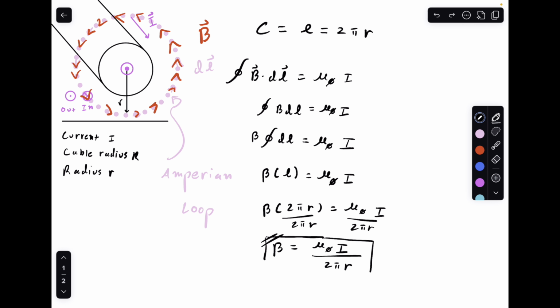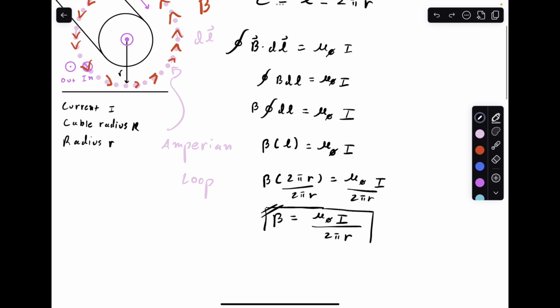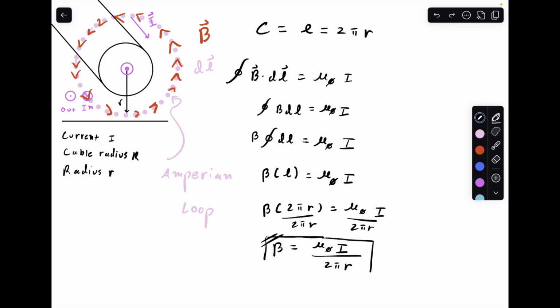But before I finish this video, we're just going to recap what we did. So first, we applied Ampere's law by writing it out. Then we worked with the right-hand side of the equation by identifying the enclosed current and replacing it with its respective variable. Then we worked with the left-hand side by computing the dot product, picking an Amperian loop that allowed for some special symmetry so the dot product could be computed easily.